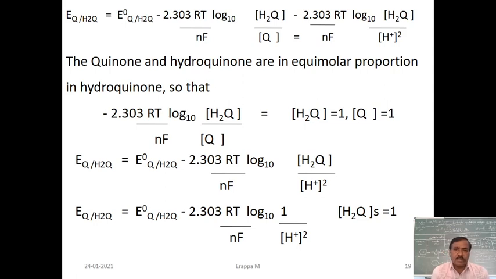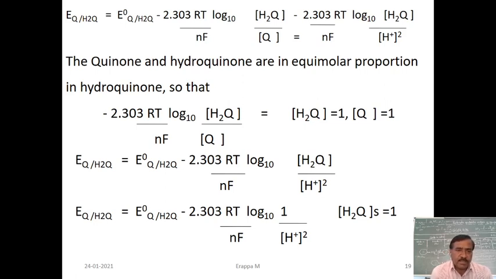The quinone and hydroquinone are in unimolar proportion in quinhydrone, so H2Q is equal to 1, and Q is equal to 1. So E of quinhydrone is equal to E naught for quinhydrone minus 2.303 RT by nF log of H2Q by H plus whole square.